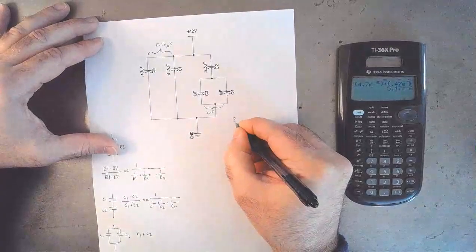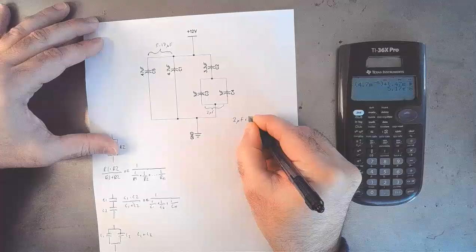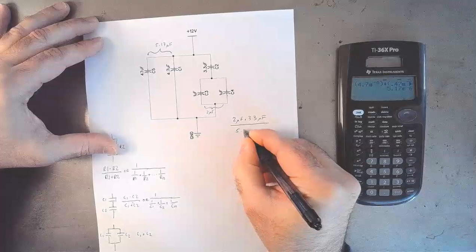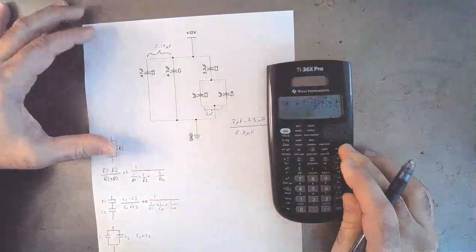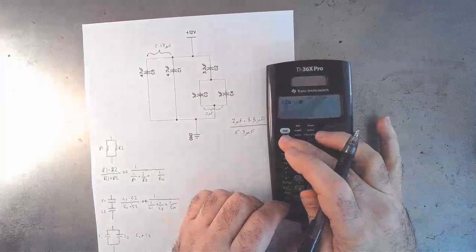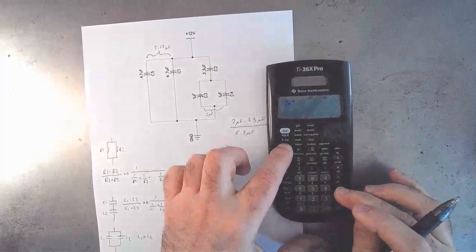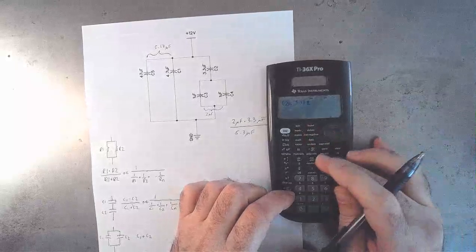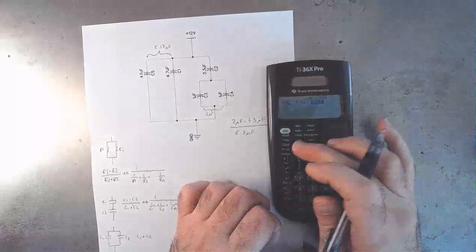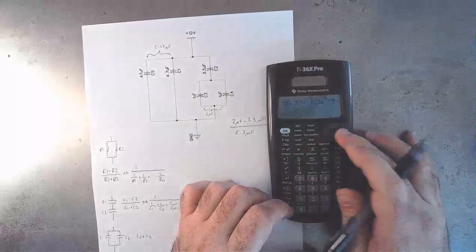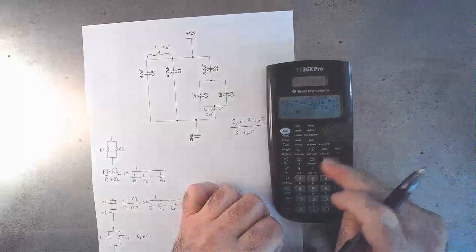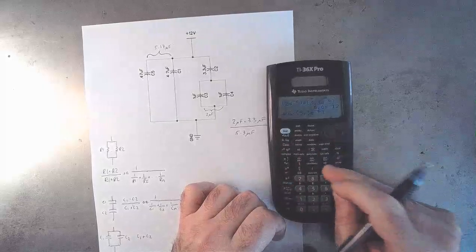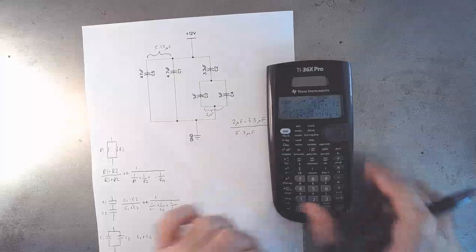It's going to be 2 microfarads times 3.3 microfarads divided by 5.3 microfarads, and that is 1.24 microfarads.